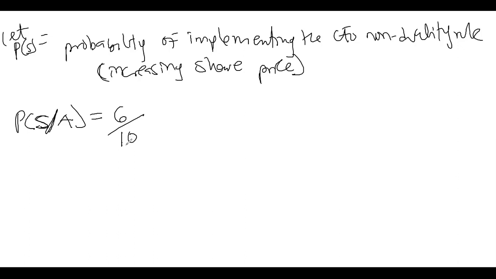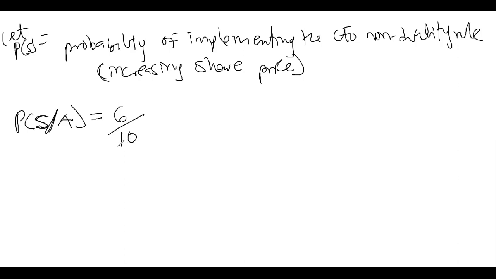So the total number of 5-star firms is 10. So here, let's not confuse ourselves by writing 6 over 100, because essentially the question is talking about the fact that out of the 10 5-star firms, only 6 of them have improved their share price. So it is 6 out of the 10, not 6 out of the total of 100 firms, because when you look at 100 firms, some are 2-star, some are 3-star, and some are 4-star.